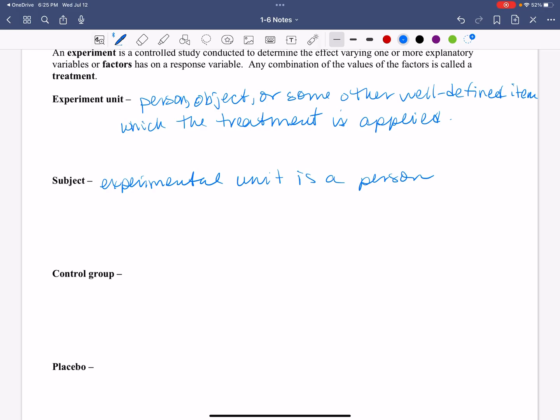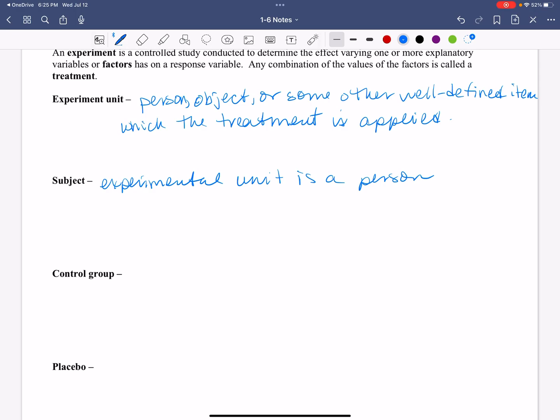You can have all these different experimental units, but if it's a subject, then I know that I'm talking about a person in particular, not a plant or whatever item or object it is. It's specifically a person if they're called subjects. It just narrows it down a little bit.